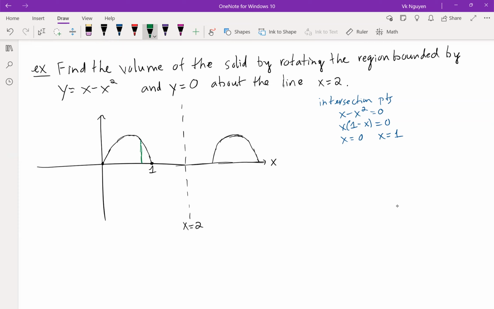Take a vertical stripe and rotate about the line x equal to 2. Then what we have is a sample shell.